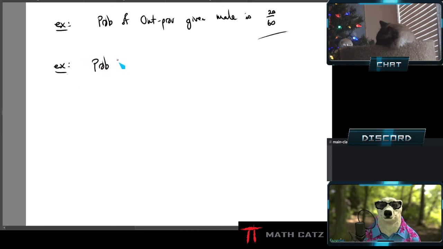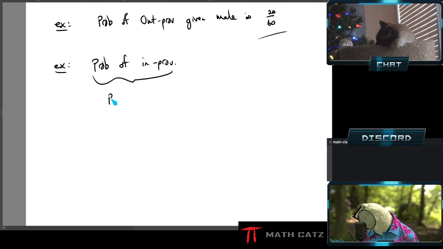The next one in terms of difficulty could be the probability of, let's say, in province. And that's it. So now I have to ask myself, what kind of probability is this? It's a conventional probability, right? There's nothing given. I can write this as the probability of I. So you don't have to if you don't want to.